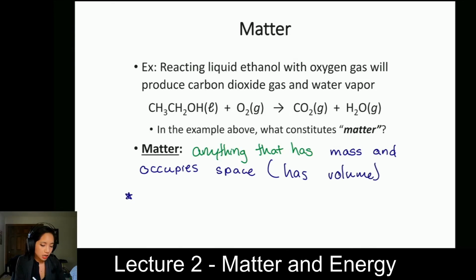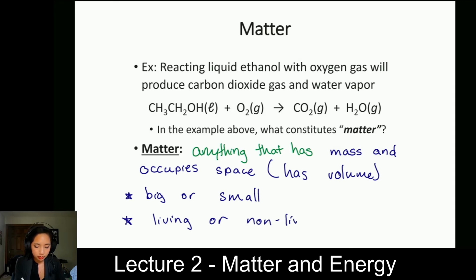It can be big or small, and it can be living or non-living. All right, but since we are chemists, we're mainly going to look at the non-living side. Go to biology for living matter, but we're going to look at non-living matter.